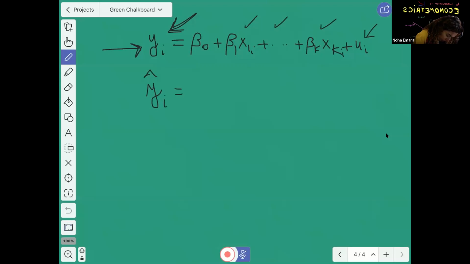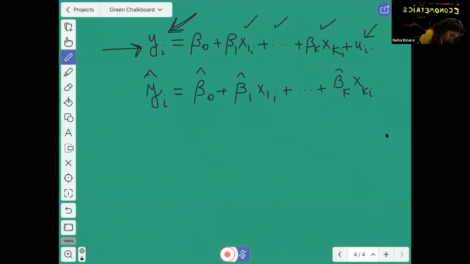In order to get this hat, it has to depend on beta hat naught plus beta hat 1 x1i plus beta hat k xki. And then when it's estimated, I don't have the error term included here. So the error term is only attached to equation number 1.